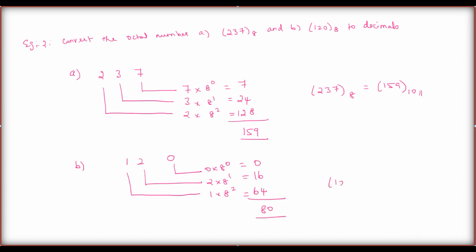So B, 120 octal is converted into 80. So in this way we have to convert octal to decimal. Okay, next we move on to another example.